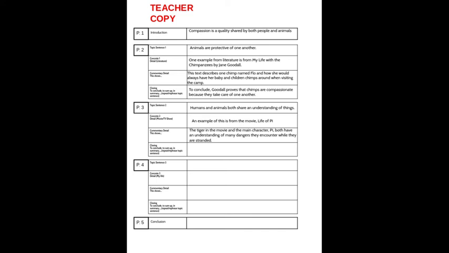The tiger in the movie and the main character Pi both have an understanding of many dangers they encounter while they are stranded. Because I've proven my point, now it's time to close out the paragraph. In summary, animals and humans share a deep understanding of when the other is in danger and can become protective to help the other.